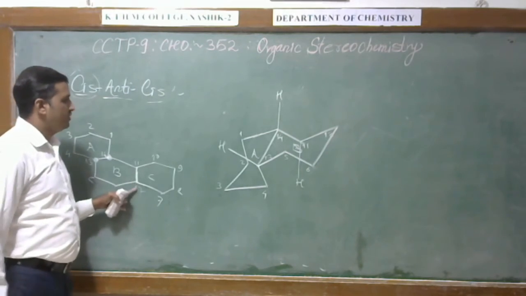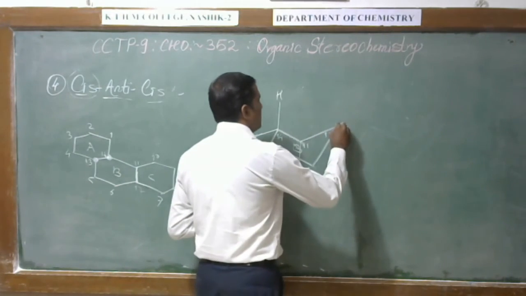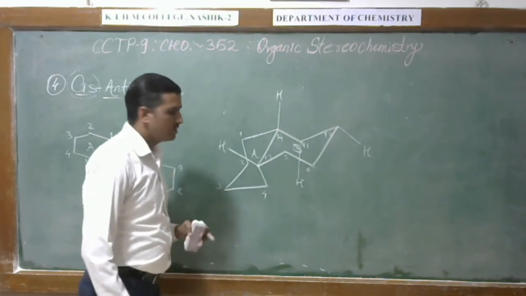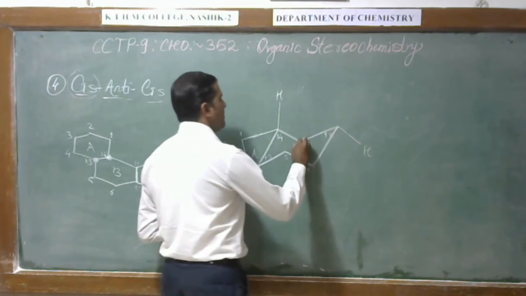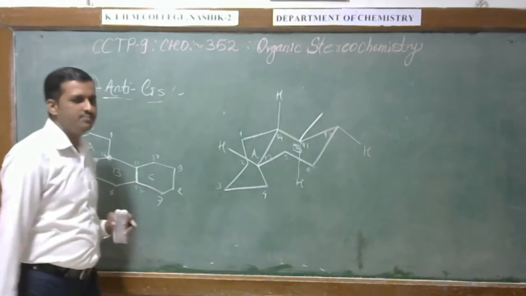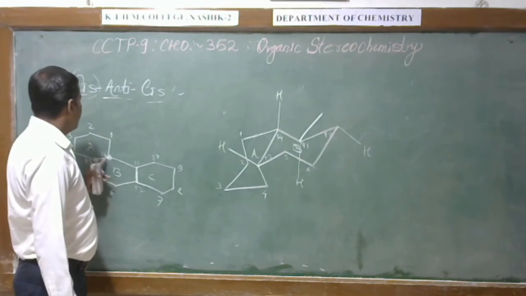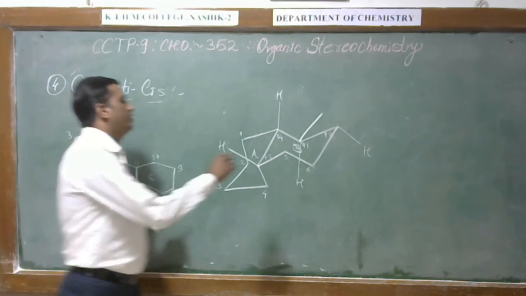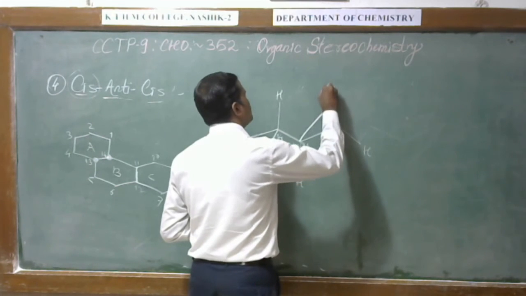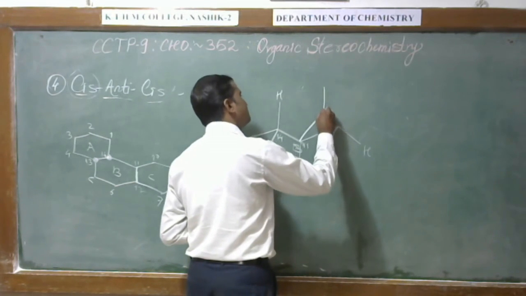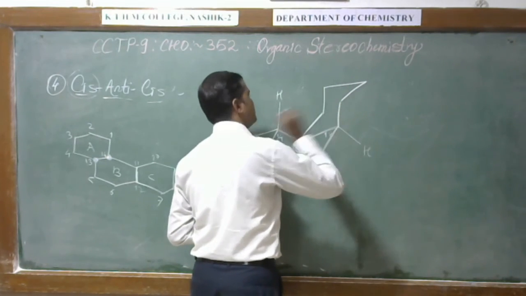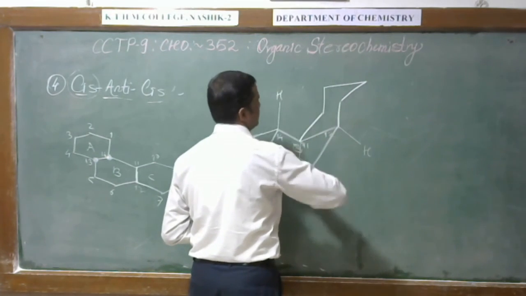For carbon number 12, it also has downward direction hydrogen, means equatorial hydrogen. So for carbon number 11, remaining position is equatorial upward direction position, and for carbon number 12, axial position is remaining.